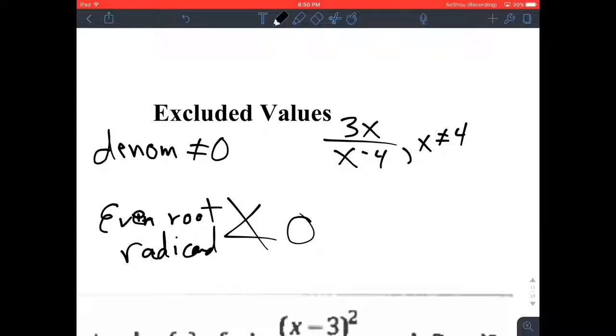So even root means that this is either a second root or a fourth root or a sixth root or an eighth root. The radicand is what's on the inside. If you take an even root of a negative number, you get an imaginary answer. So we want the answers in here to be positive.